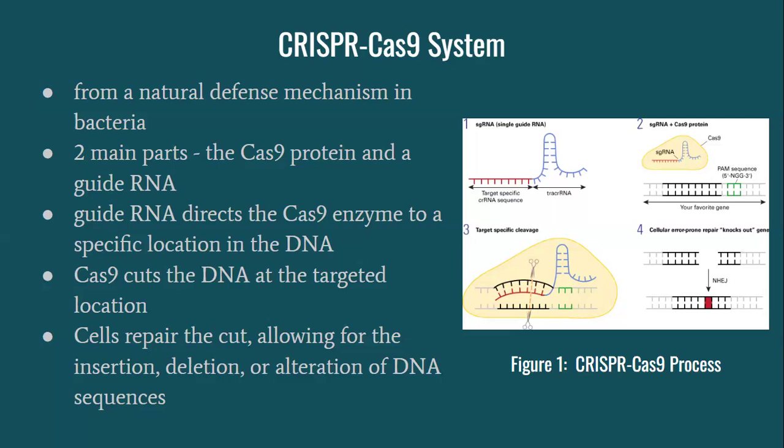By alteration here, I mean point mutations that aren't necessarily indels. So this is a brief overview of CRISPR-Cas9, and this system can be used for knocking out genes, or getting rid of certain genes in the DNA.